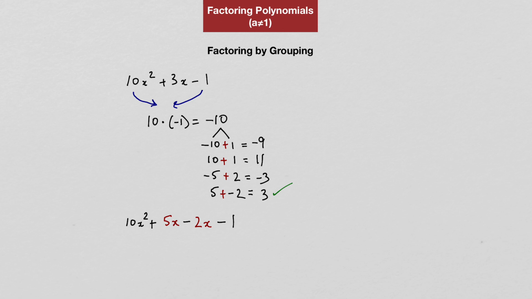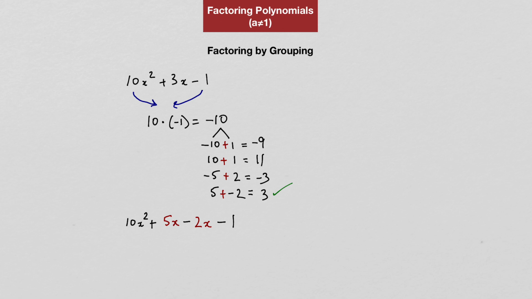You notice that this 5 came from this factor, and this negative 2 came from this factor. And if you were to subtract these, 5x minus 2x, we would get this middle term. Basically what we're doing is rewriting this middle term using these factors to make it look like this. Then the next step is to group them together.